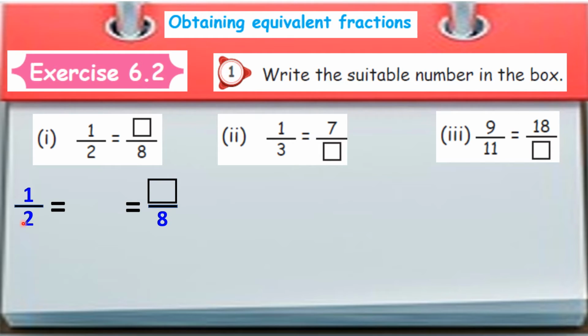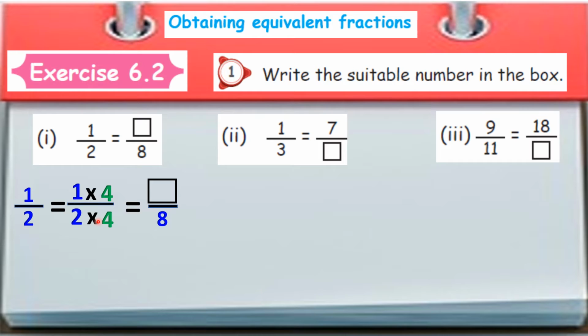But if I multiply this 2 with 4, I will get 8. Am I right? Yes. 2 fours are 8. So, I am going to multiply with 4 here. So, 1 by 2 into 4. Right? Okay. So, if I multiply 4 with the denominator, surely I have to multiply with the numerator also. That is the procedure. So, multiply in the numerator also.